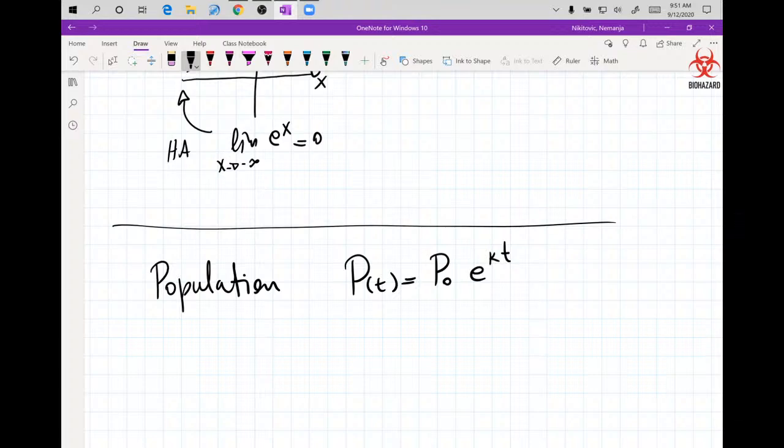Now, this type of model is good in the short run. So if you want to predict the population of humans within 20, 30 years, this model does the job.